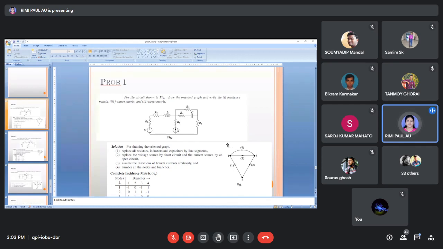So first, draw the tree and tell me. First, draw the different trees.